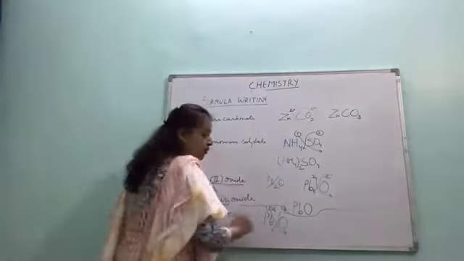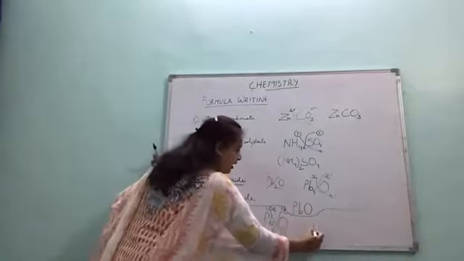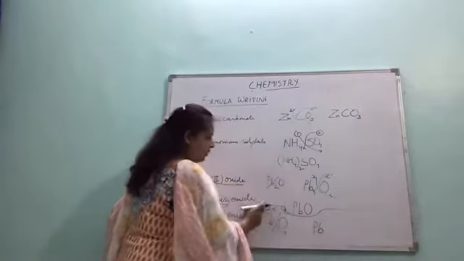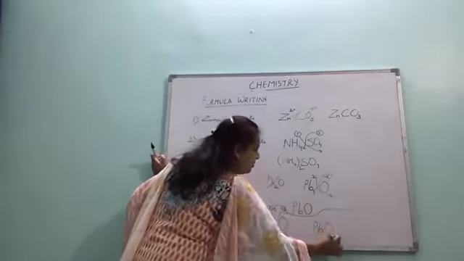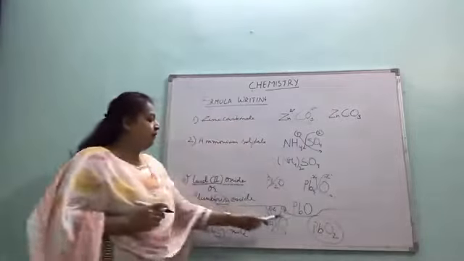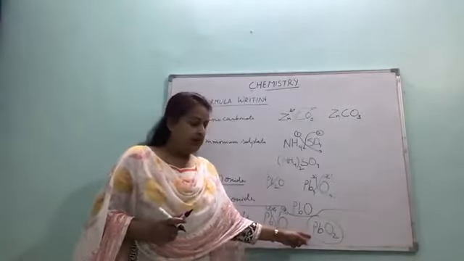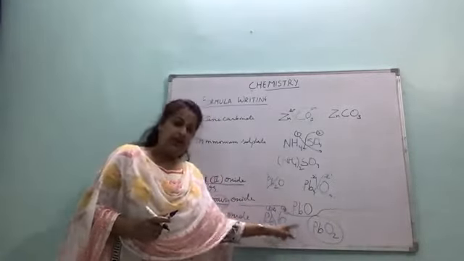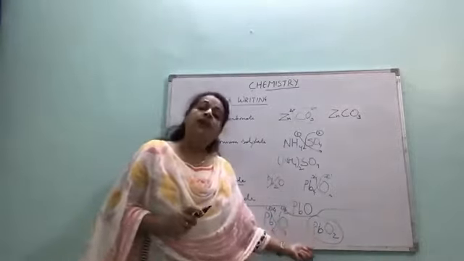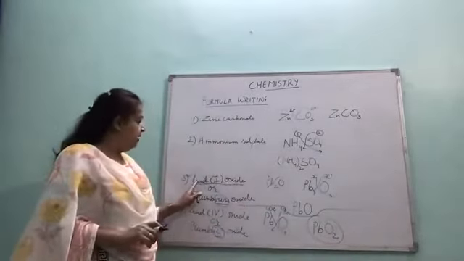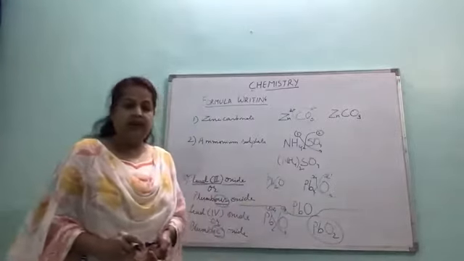So what is the formula of lead 4 oxide or plumbic oxide? Pb, the subscript is 1 so we do not write it, and oxide O2. So this is the formula of lead 4 oxide. Commonly we can also read it as lead dioxide, which is alright. From formula writing, lead 4 oxide, plumbic oxide and lead dioxide are all the same. Similarly, lead 2 oxide, plumbous oxide and lead monoxide are the same.